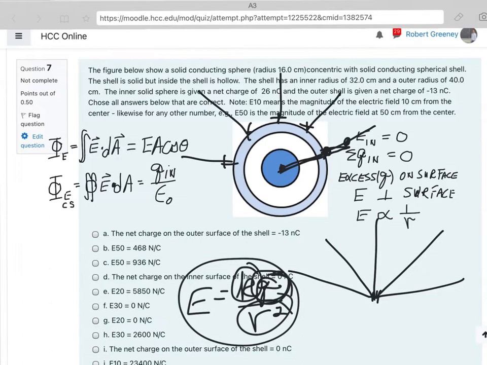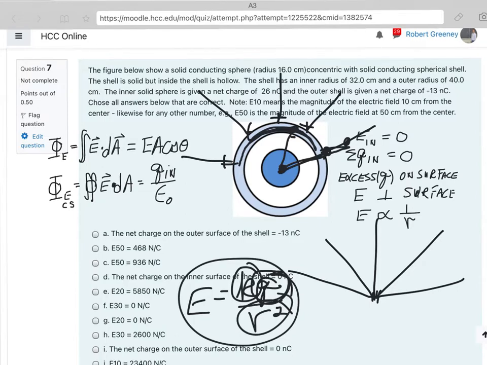And notice that if you're in the conductor, the net charge inside this is a positive 26 and a negative 26. So the net charge inside is 0. And so there's no field through this surface, which goes through the conducting surface, where there is no field. Wow, that's a lot of information.